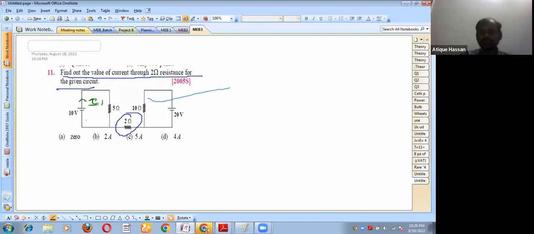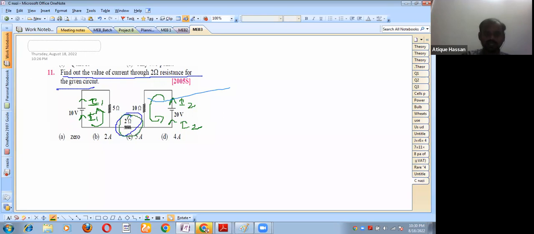It is the property of a battery: when outgoing current is I1, then incoming current should also be I1. Suppose here current is I2, then here current should also be I2. It means I2 will be circulating here and I1 will be circulating here, right?